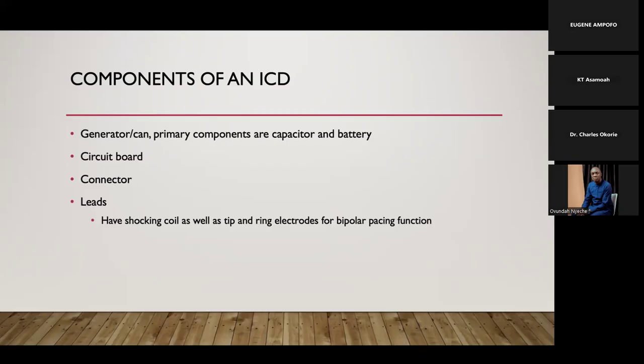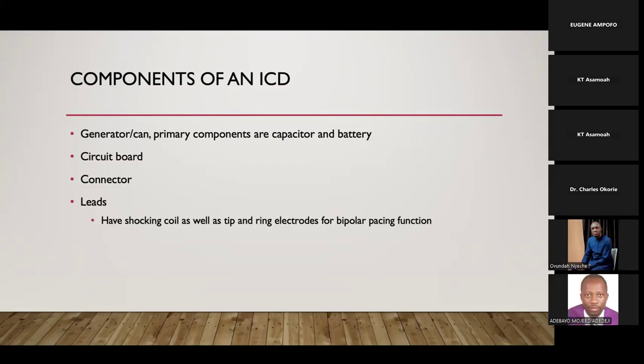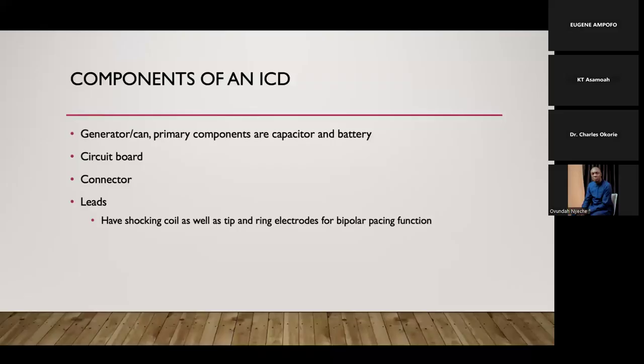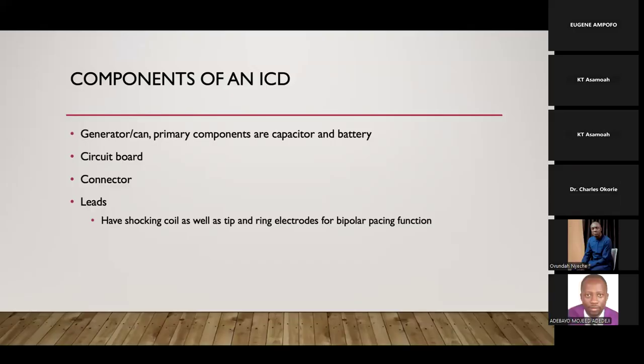Now, the ICD leads have a shocking coil. We'll see a picture of that later. And then they also have tip and ring electrodes. So the shocking coil is for delivering a shock, and then the tip and ring electrodes are useful when pacing activity is required.